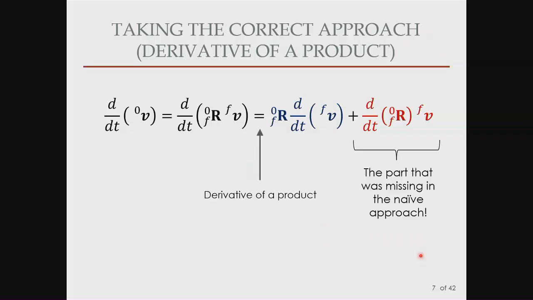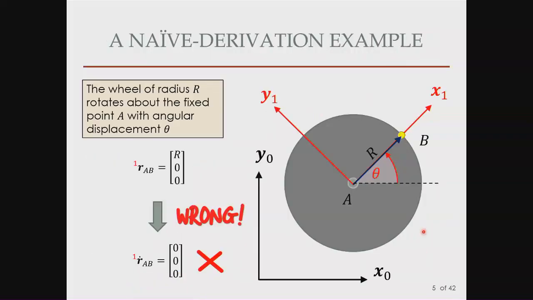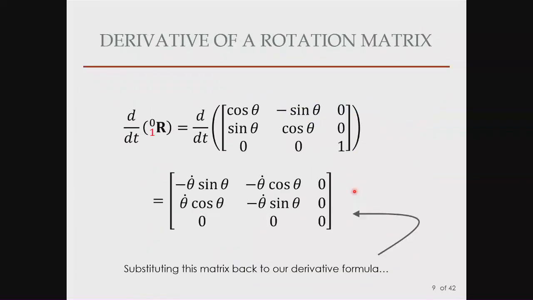What is the rotation matrix from 1 to 0? It's just a positive rotation about z. So this is the derivative component by component of this positive rotation about z. By now, I hope you remember by heart all of these rotation matrices, the common six ones.